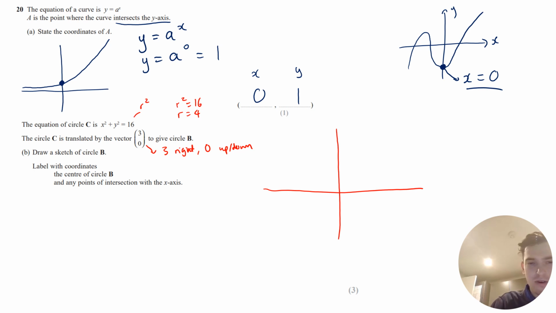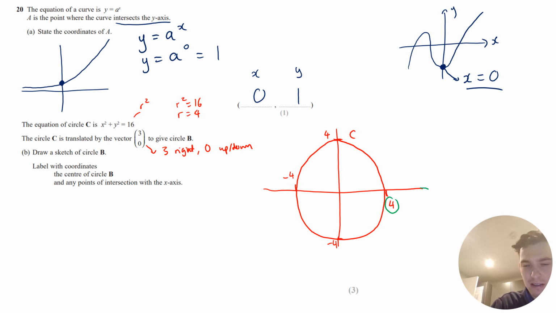So first of all, let's draw circle C. So that's a circle at the origin. So this is circle C. And let's label on my points. So this is 4, this is 4, this is -4, and this is -4. Now, if it's going 3 to the right, let's think about what happens. Where does this 4 go if it goes 3 to the right?